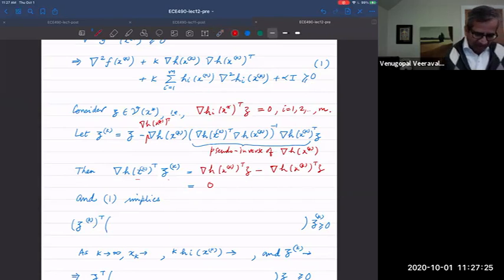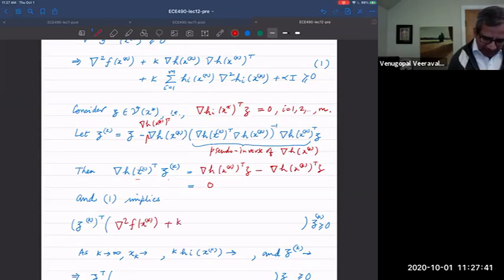I keep saying positive, I mean non-negative, because that is positive semi-definite. Then the third term in that left-hand side is the Hessian plus alpha I.